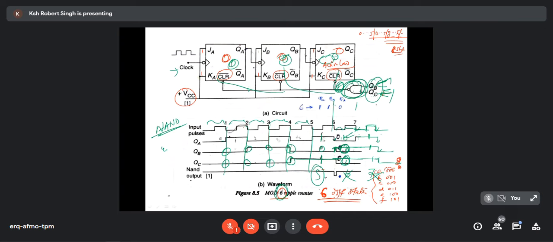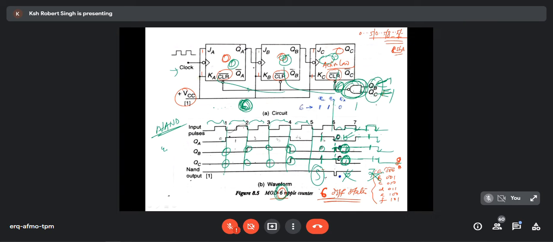When I say it is clear, still somebody asks whether QB and QC are in state 0. QB is sometimes 1 for a moment of time. QC for a small moment of time is 1. That means this 6 appears in your circuit.